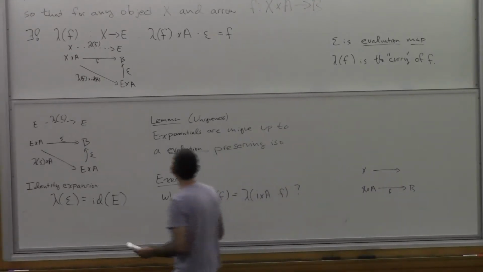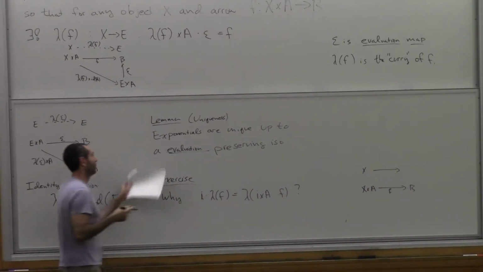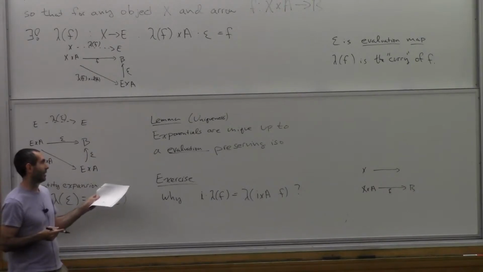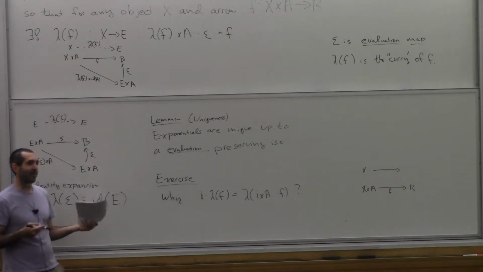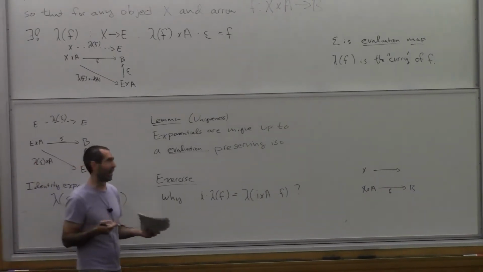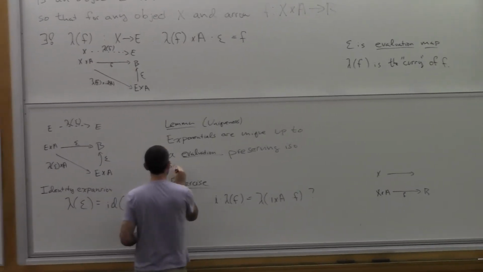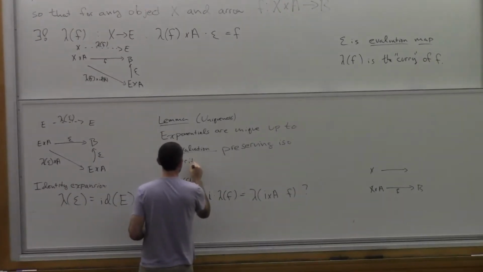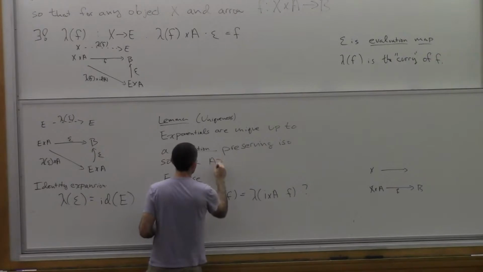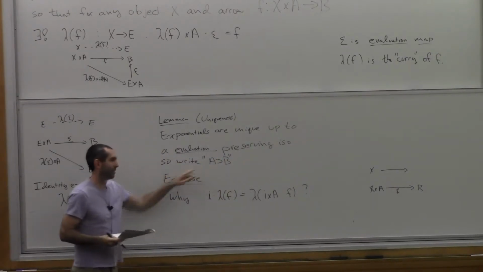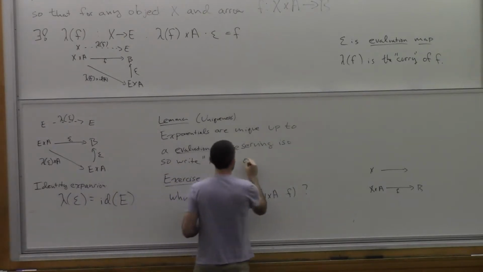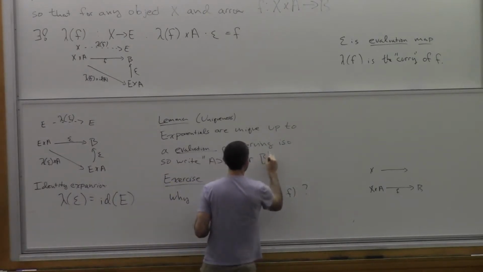Because of the uniqueness, it's as unique as it can be by behavioral characterization, so following the pattern, we will write the exponential like this, or sometimes like this.